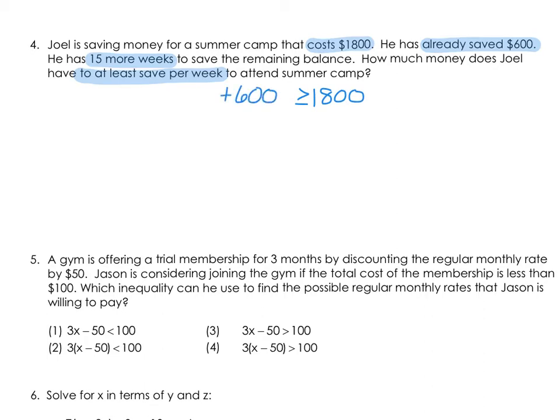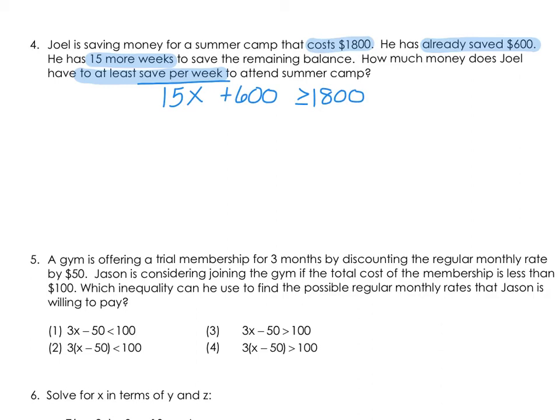How much is he saving? Well, we don't know how much because that was the question. How much money does he have to at least save per week? But I know he has 15 weeks to do it. So 15 weeks times x amount, however much we need to figure out that he needs to save, plus the 600 he already has, needs to be greater than or equal to $1,800.